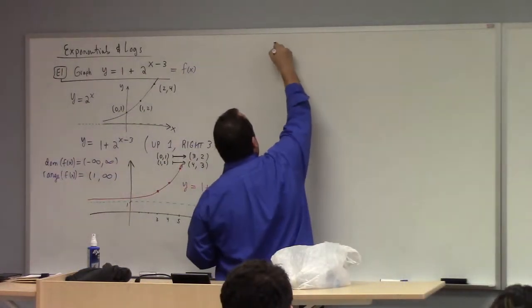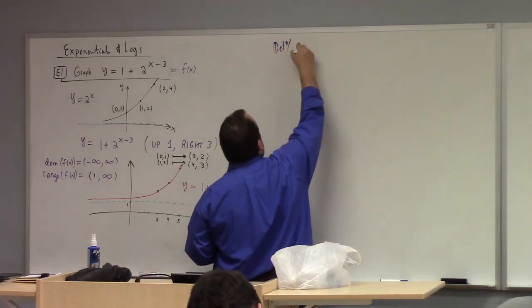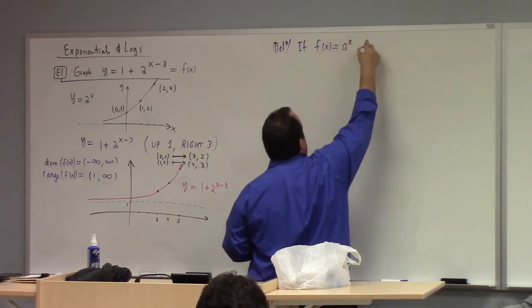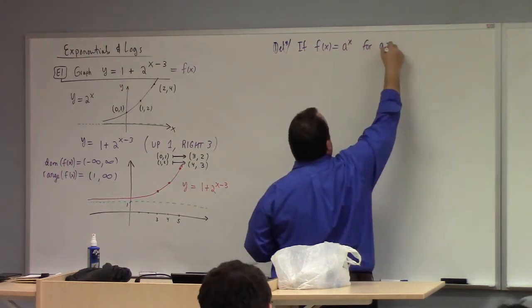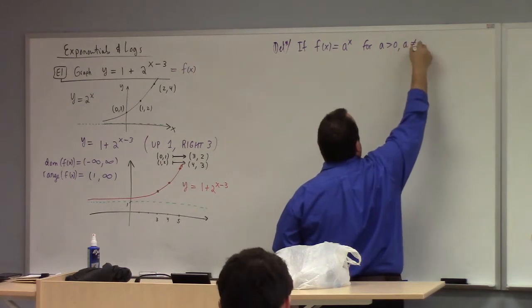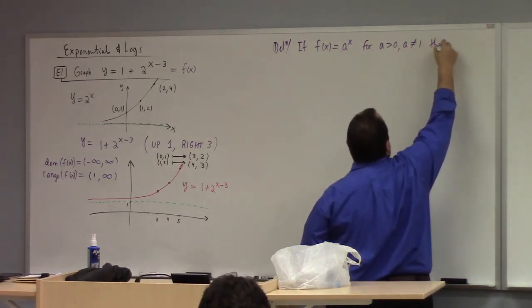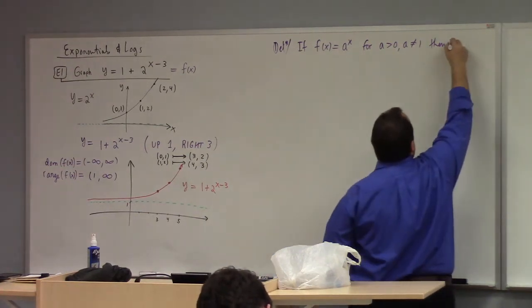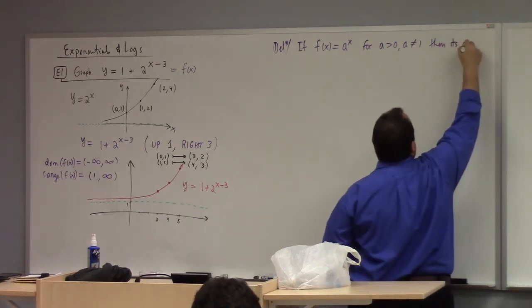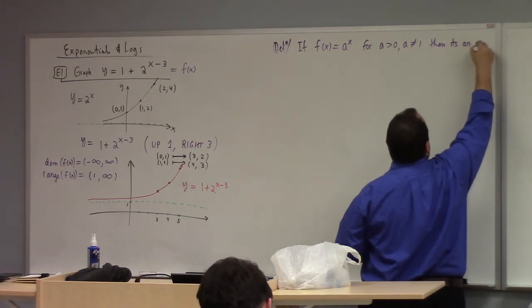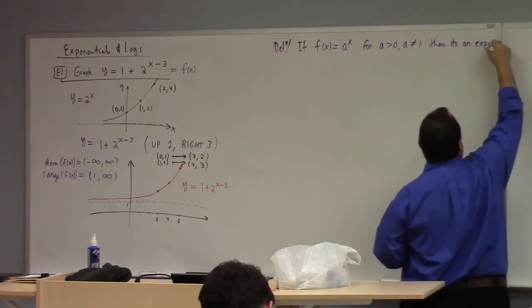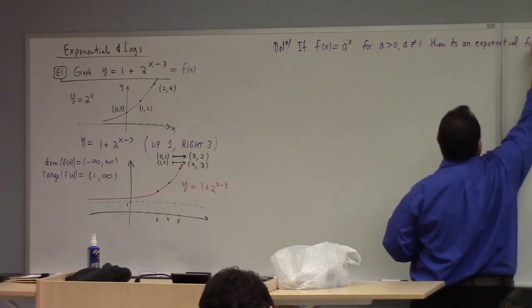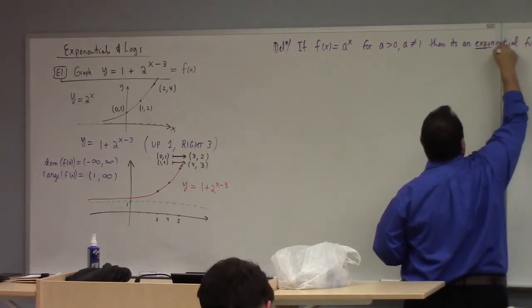So definition: if f of x equals a to the x for a greater than 0 and a not equal to 1, then it's an exponential function.